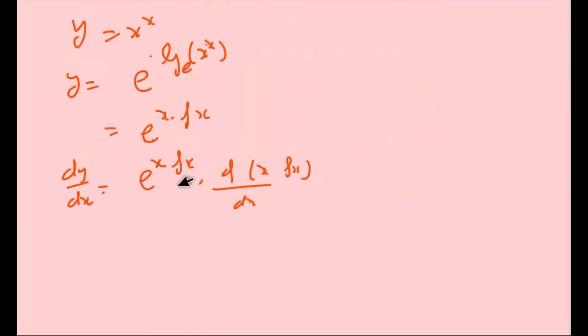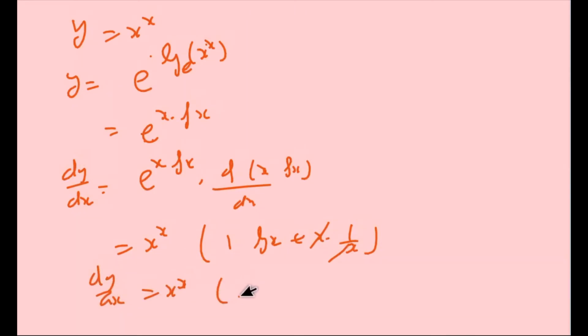So e to the power x log x is equal to x to the power x, and differentiating x into log x: 1 times log x plus x times 1 upon x. Now your answer is x to the power x into log x plus 1.